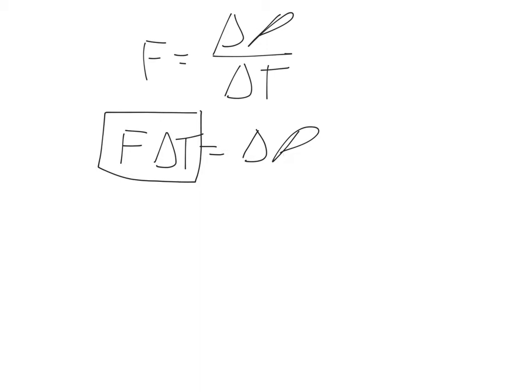But this is impulse. Now, we've already introduced a unit of momentum to you as kilogram meters per second. But from this equation, hopefully you'll be realizing that there's another unit that change in momentum could be.